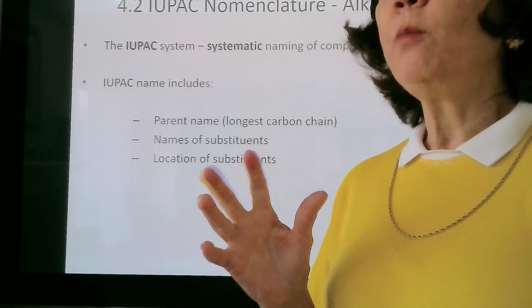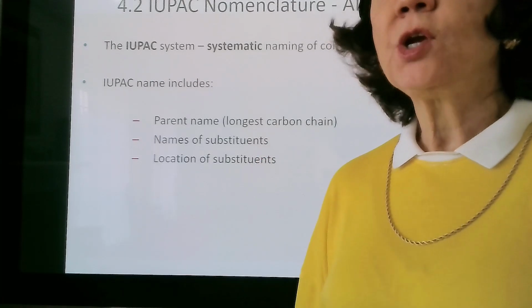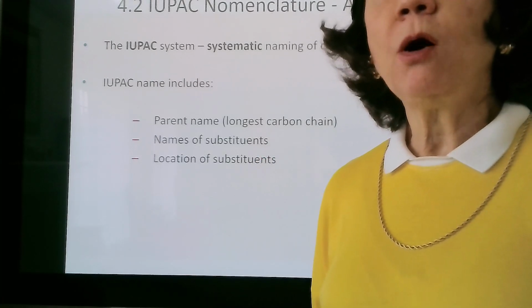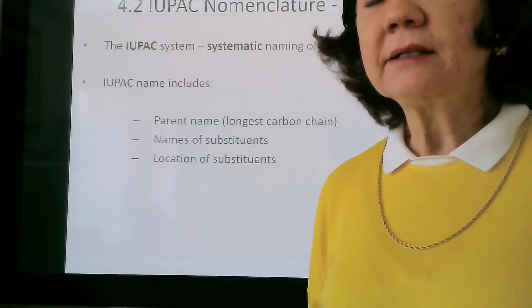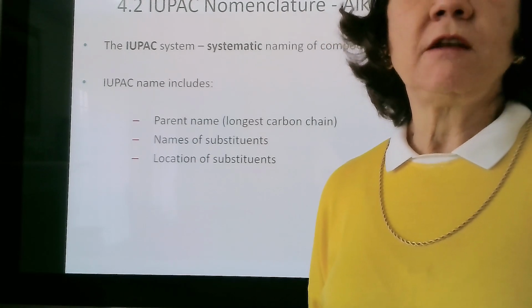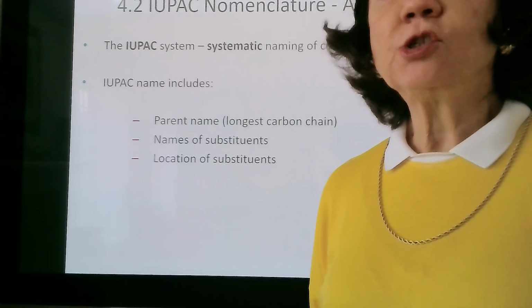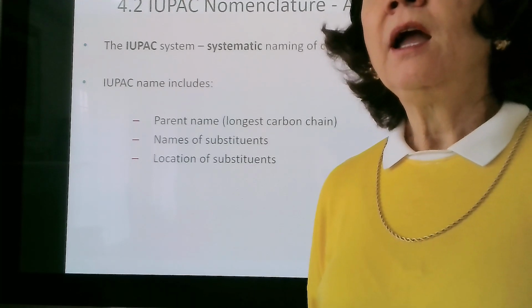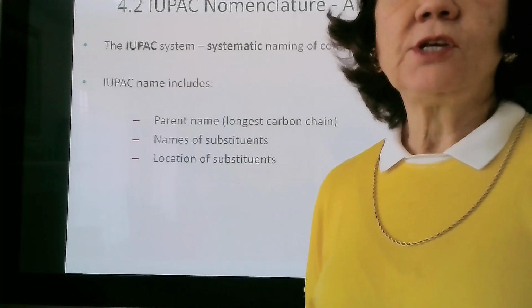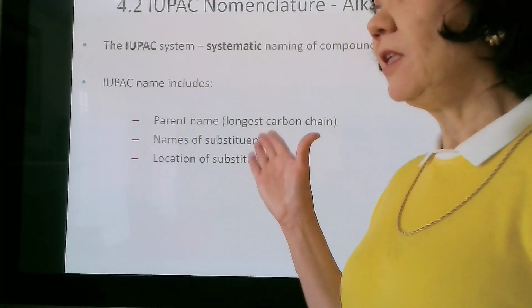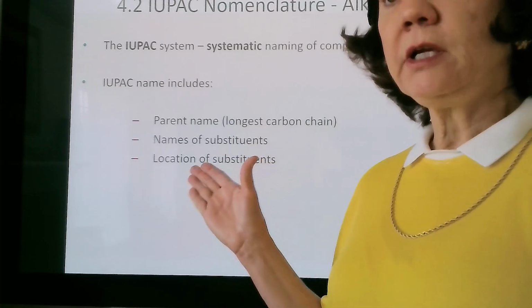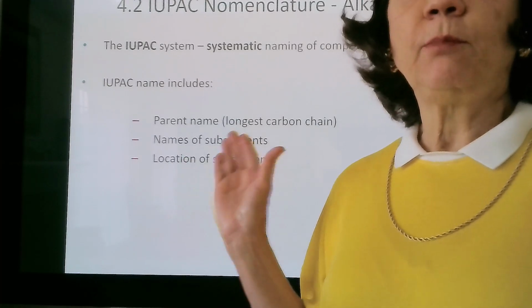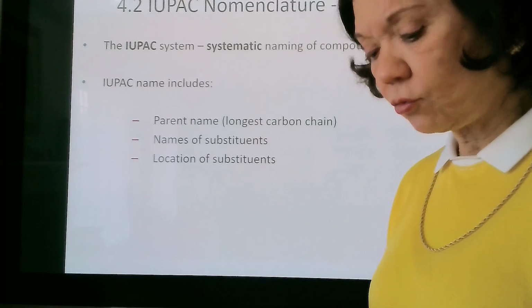And so the nomenclature for alkanes will probably be the most complex that you're going to learn. And then when you learn the nomenclature for alkenes, alkynes, alcohols, etc., you'll just have to build on these rules that you're learning here. And so it's going to be very important that you learn these rules.